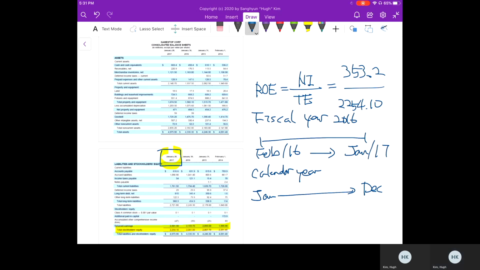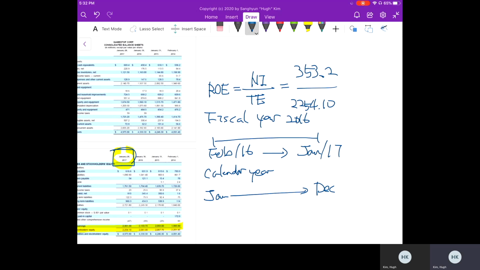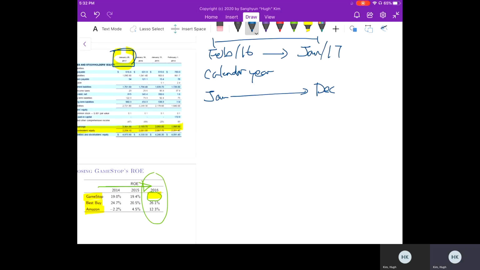So the end of fiscal year 2016 is actually the number that we have on January 28, 2017. So ROE is, I believe, 15.7%. Let's put it in here.